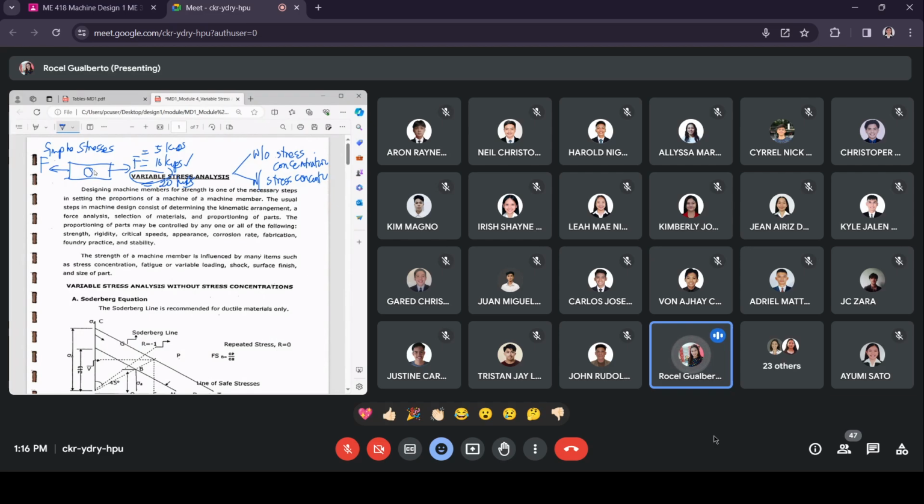Failure would most likely occur on this area. So why do we put these holes on those monoblock chairs? If it is a stress raiser, it is possible that cracks would start at those holes. So why do we still put those holes in our design?